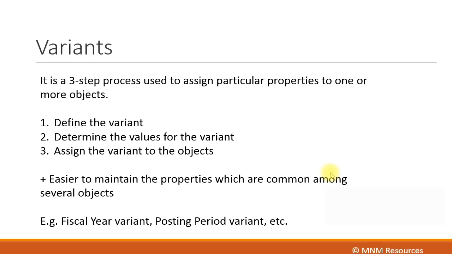That eliminates the hassle of creating a single variant for each company code. So just by having one variant, all the company codes can use that same variant. Just like we mentioned earlier, the main advantage is that maintenance of that variant is easy when it's just one variant and all the objects are using that same variant.